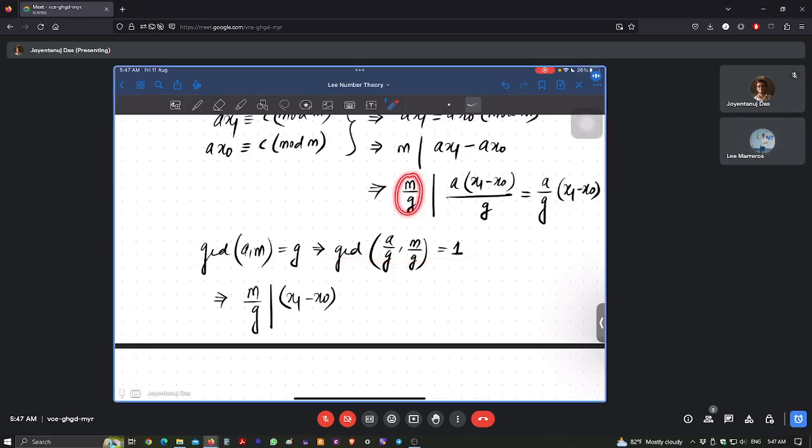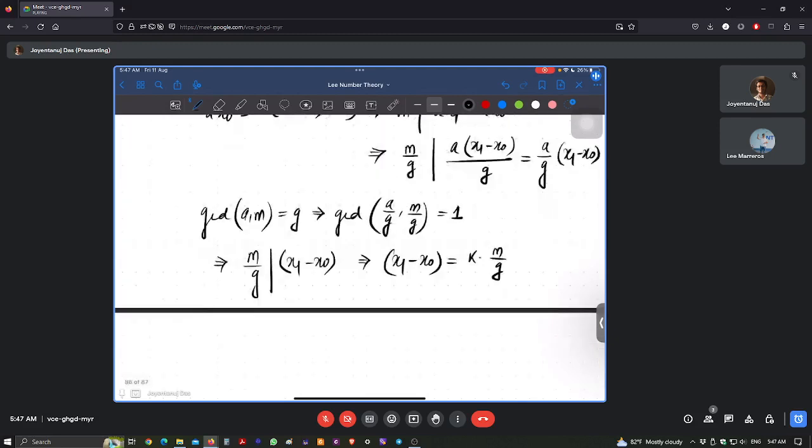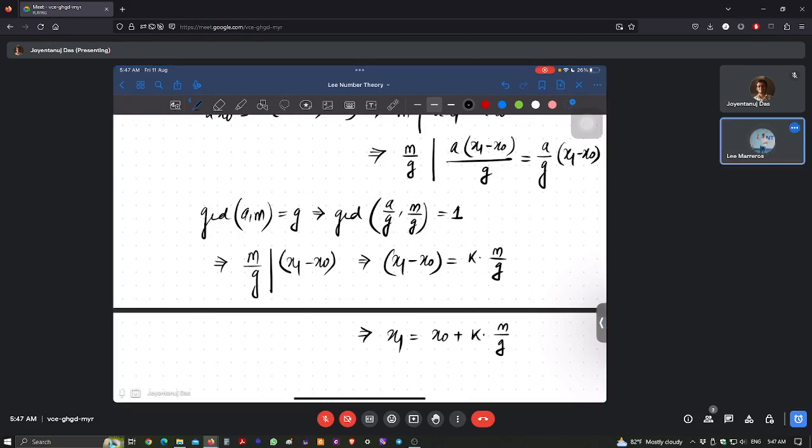This part cannot have a factor inside A by G. So from here, x1 minus x0 equals some k times M by G. So x1 equals x0 plus some k times M by G, right?